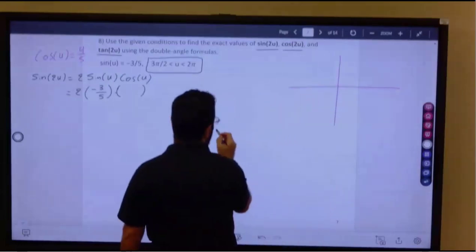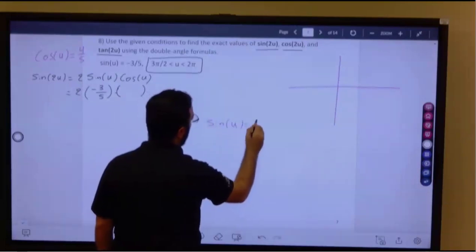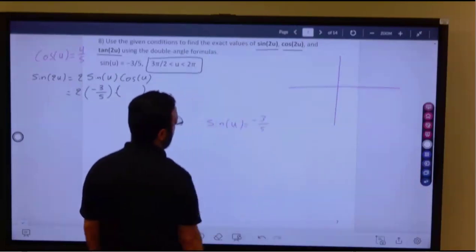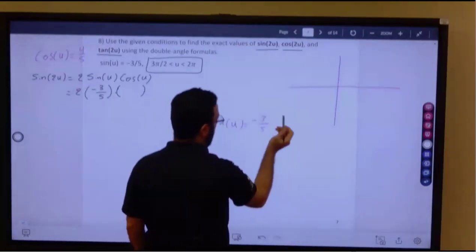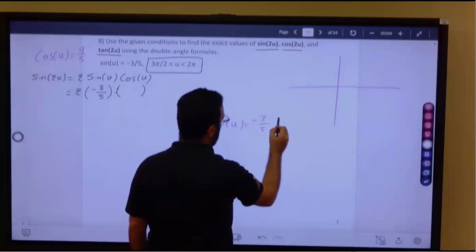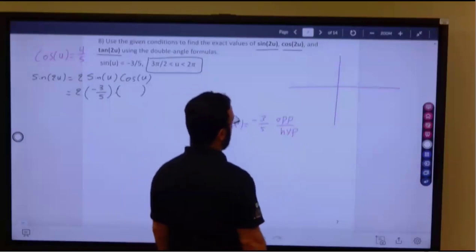And I know the given is sine u equals negative 3 over 5. So let's graph negative 3. Sine is going to be the opposite of the angle over the hypotenuse. So we have these two pieces of information.